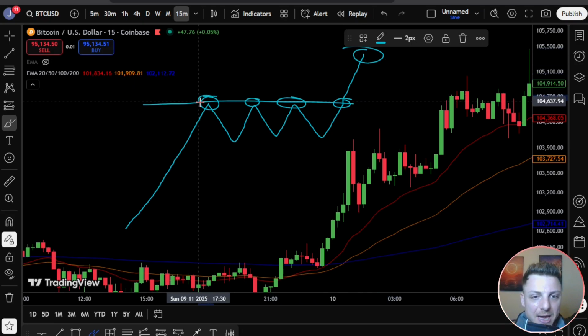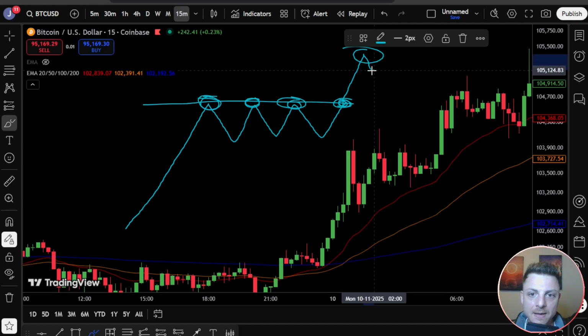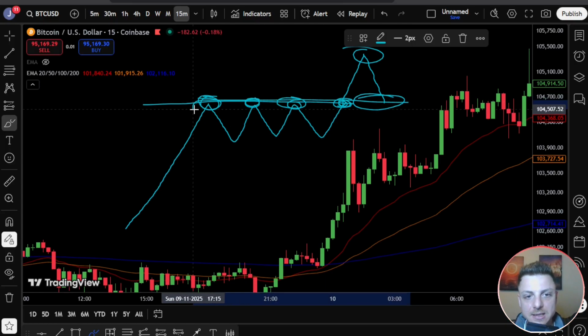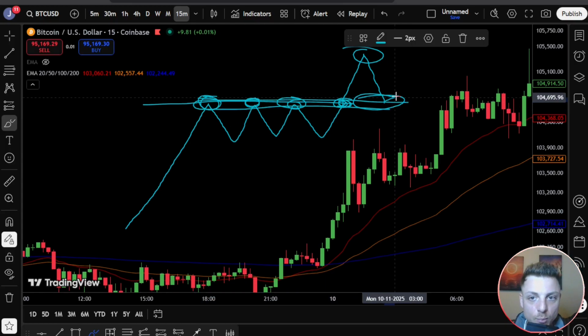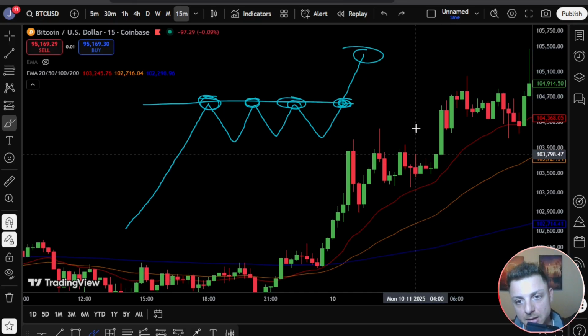Especially if you get 3 or even 4 knocks on this ceiling, price has a very high probability to retest this zone, ensure that this is the continuation of the trend, and then we get a huge breakout and volume really begins to come in.